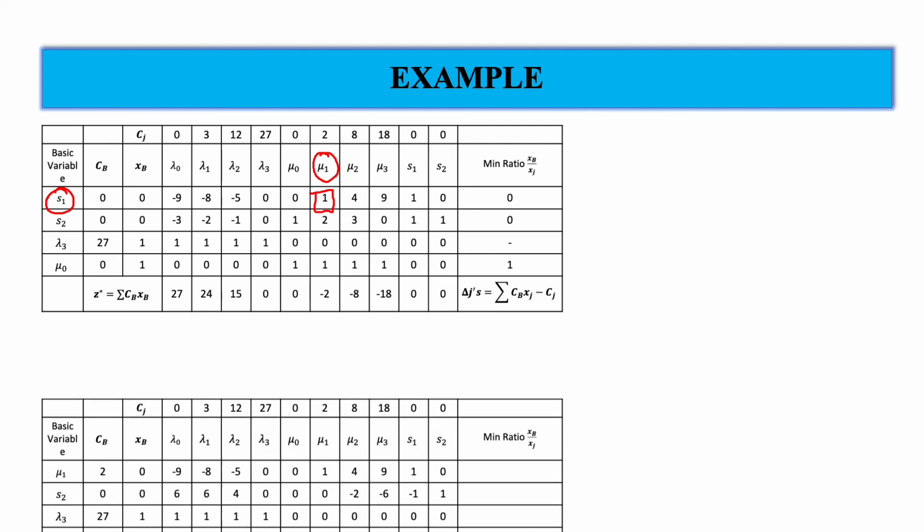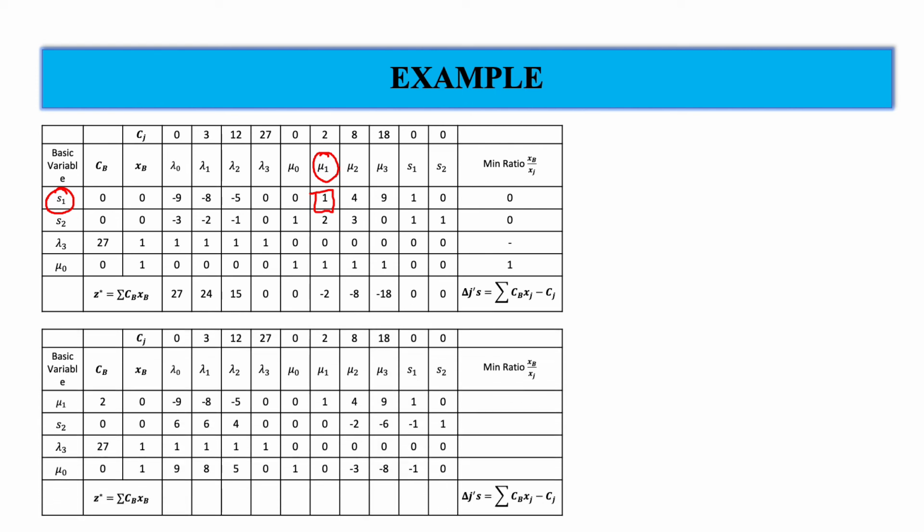The new simplex table will have the incoming variable mu1 as the basic variable. Its coefficient in the objective function is 2, so we have written 2. All other things will be modified based on the pivot element. Since the pivot element is 1, this row will remain the same, r1 dash is equal to r1. Then r2 is 2, we have to make it 0, so new r2 dash is old r2 minus 2 into the pivot row.